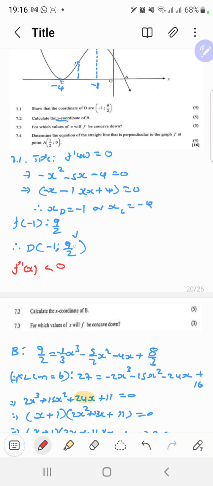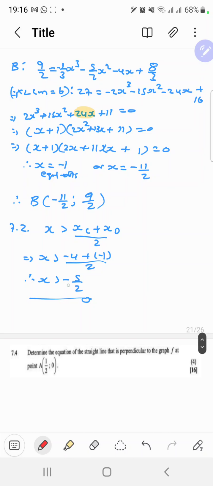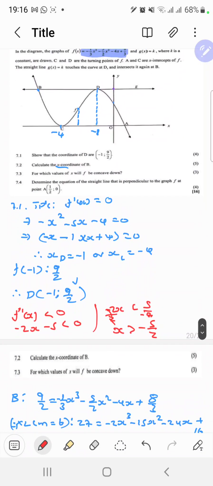The second derivative is -2x minus 5, which must be less than 0. Transpose here, you will get -2x less than 5. Then you divide by 2. When you divide by a negative, the sign changes. It becomes x greater than -5/2. So do you see it's the same thing? You can use the derivative, you can use the graph. Whichever sounds like it's working, you use it.